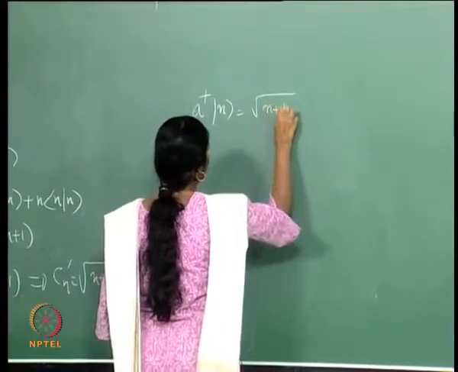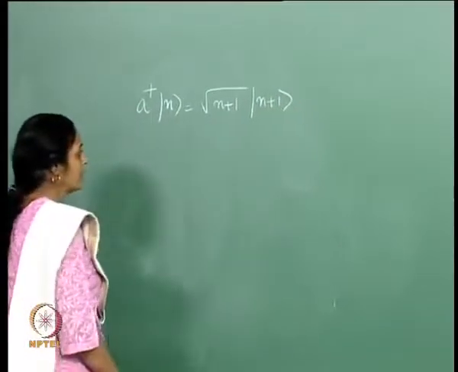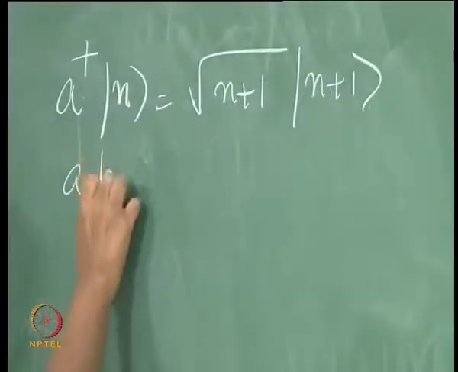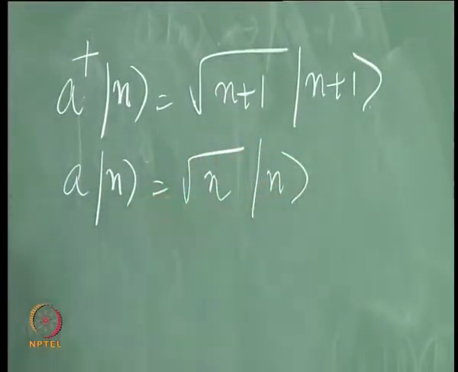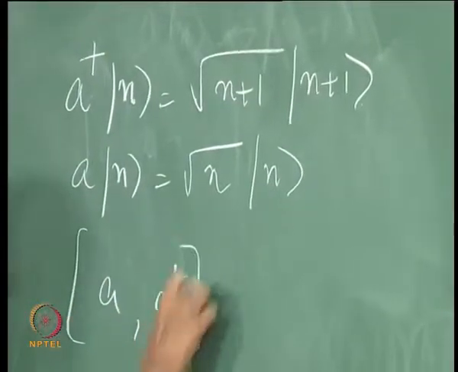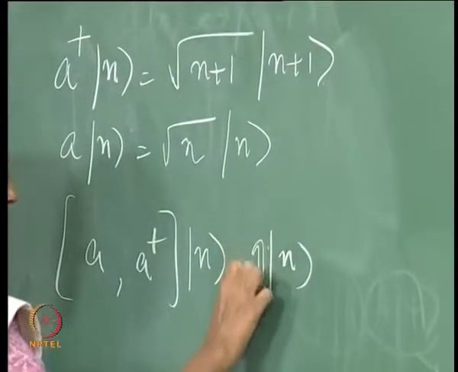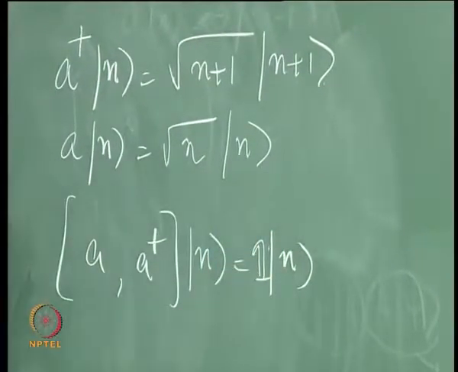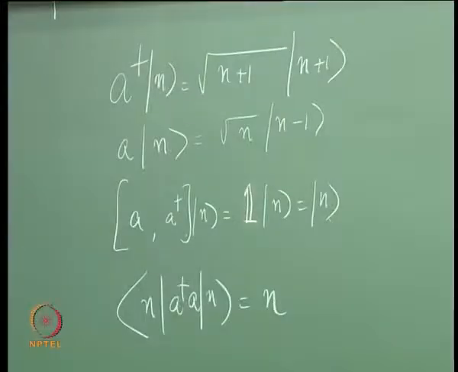So, I have A dagger on ket n is root of n plus 1 ket n plus 1, and A on ket n is root n ket n minus 1. I also have A dagger A acting on any of the states ket n is like the number n times the state ket n, like the identity operator. So, this is the algebra of operators that I have.